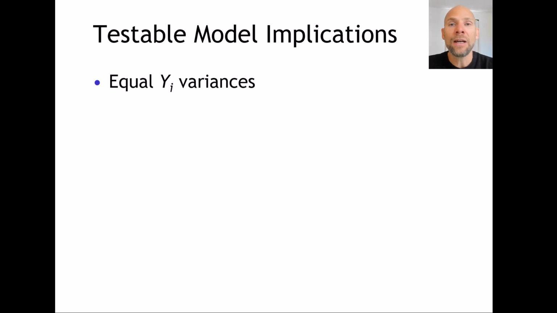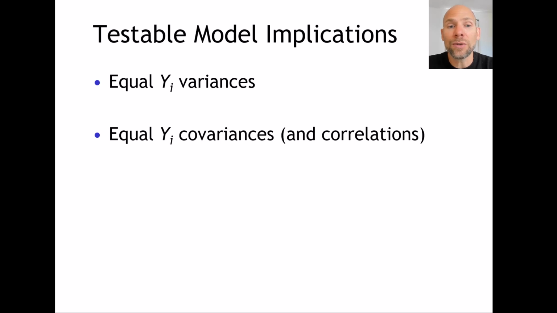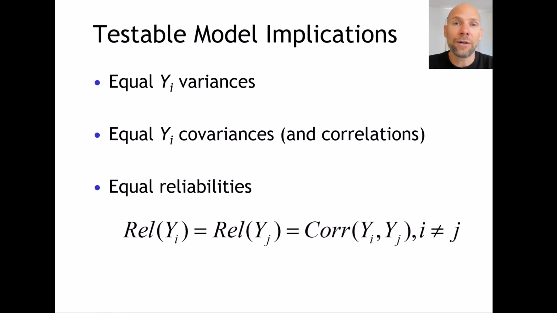So because of these intercepts, the testable model implications of the essentially parallel model are a little bit different. Specifically, we're no longer assuming equal yi means, but we're still assuming or implying equal yi variances, because the error variances are still set equal for all tests. And we're also still assuming equal yi covariances and equal correlations because the variances are also equal. And so that means that we still in this model have the feature of equal reliabilities and also of simple computation of reliability by means of this parallel test correlation.